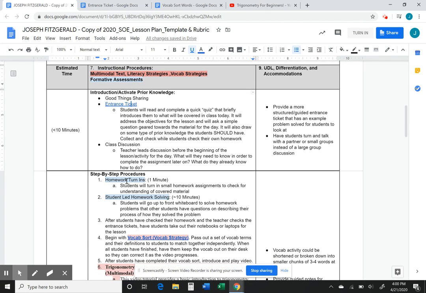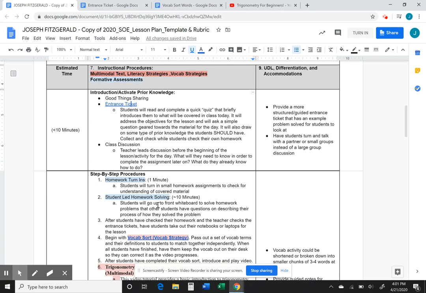Also, when students come in, I'm going to have them turn in their homework or check their homework. So what we did in my class is we'd come in, we'd share, and then we'd be checking our homework while the teacher checked our entrance tickets, and then student-led homework solving is just a way for students to basically answer the questions that other students have.